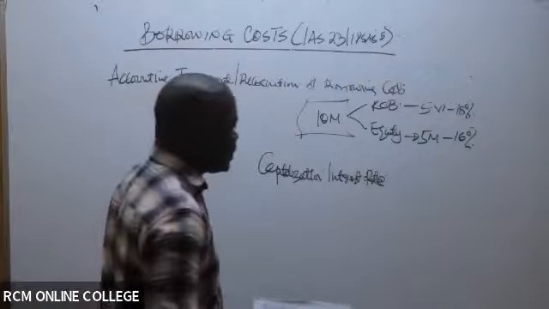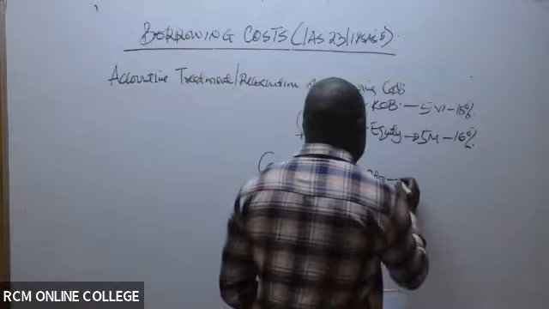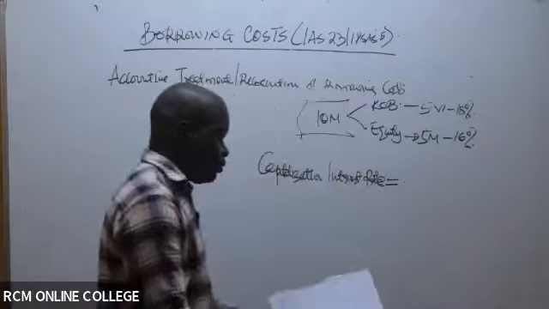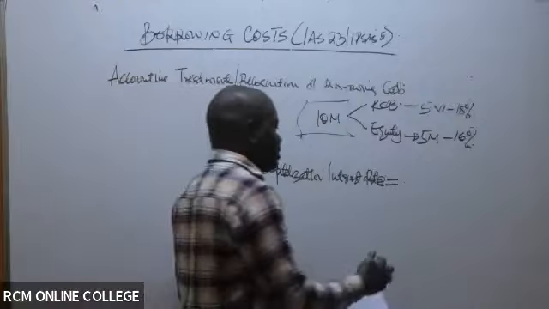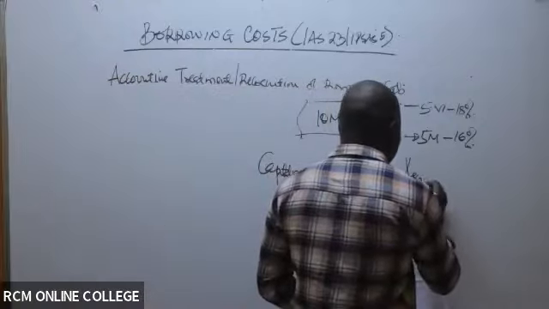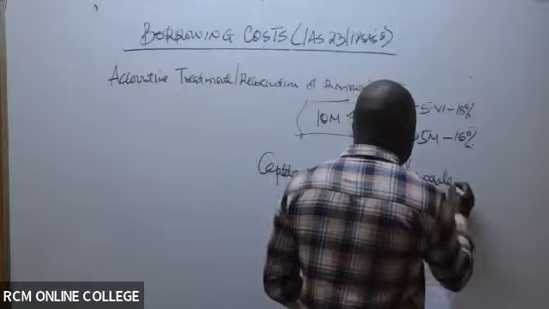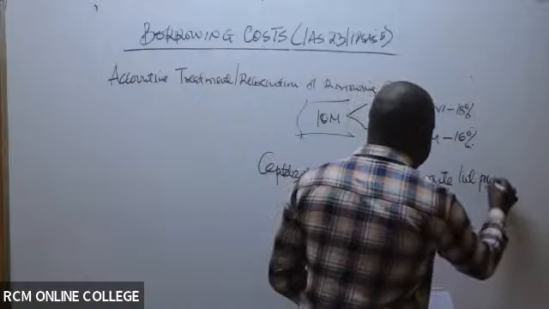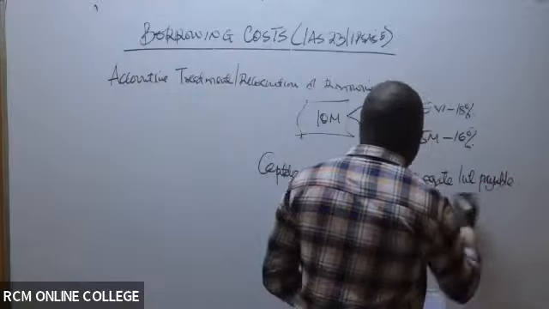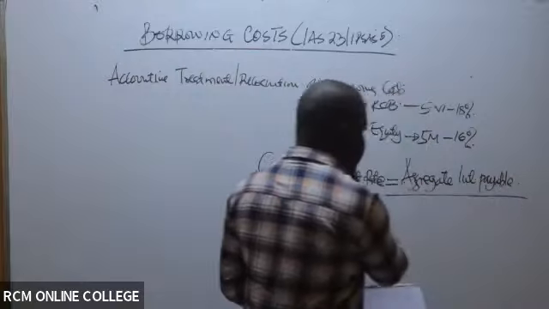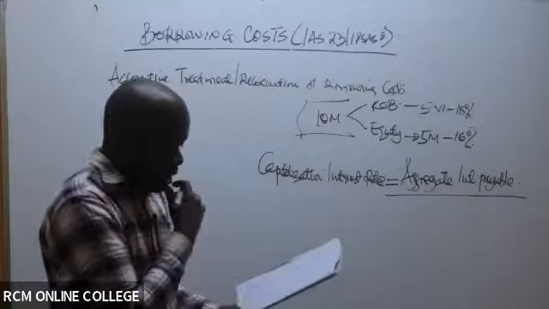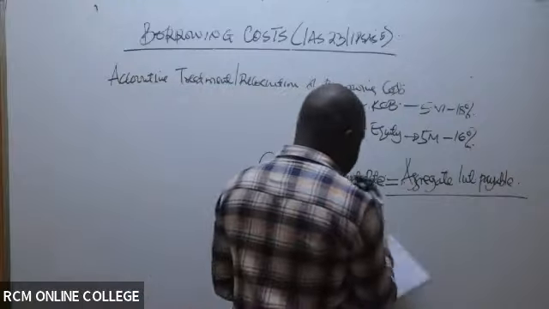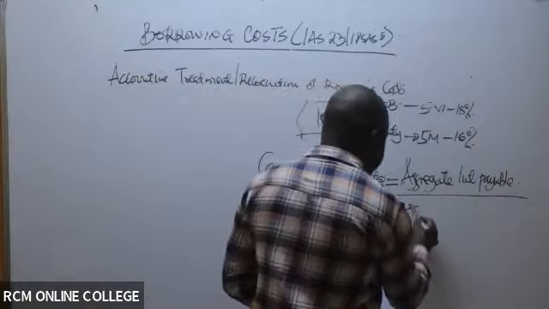So to get the capitalization interest rate, there's a formula that is normally used. You get the aggregate interest payable. What does aggregate mean? You total.